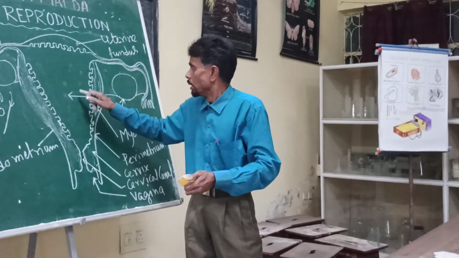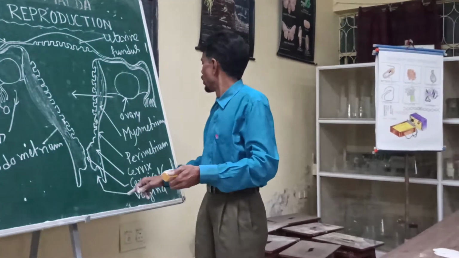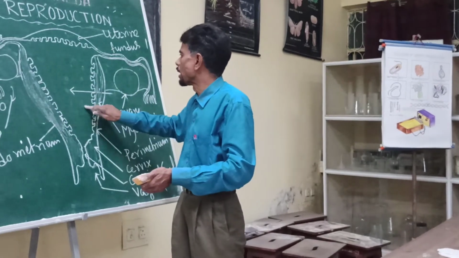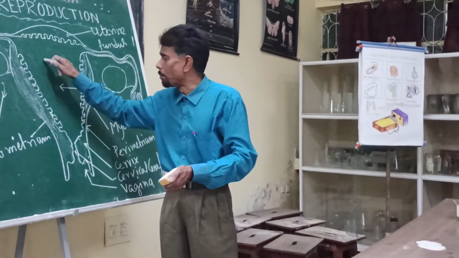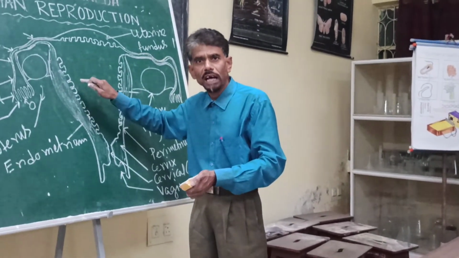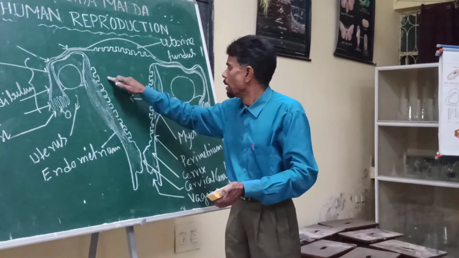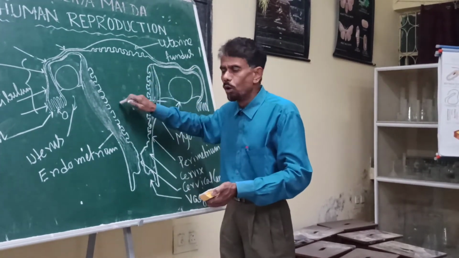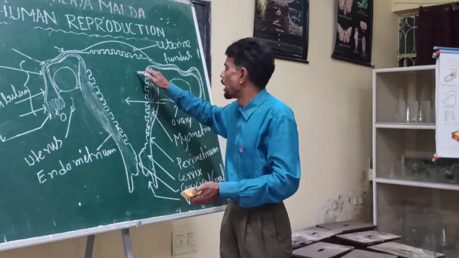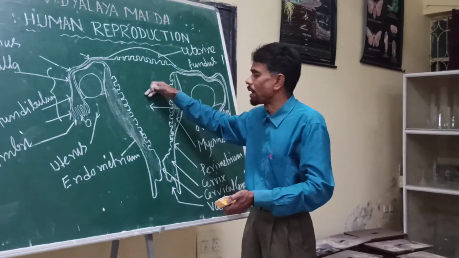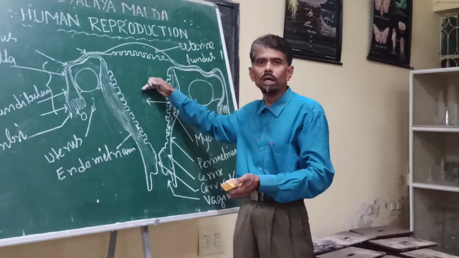The uterine cavity is where, after implantation within the endometrium, the growing embryo, surrounded by the placenta, undergoes further growth into a fetus.